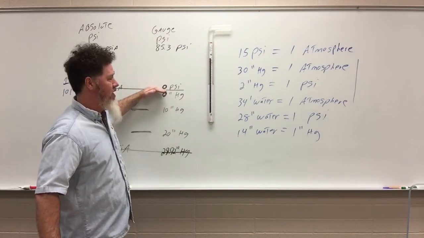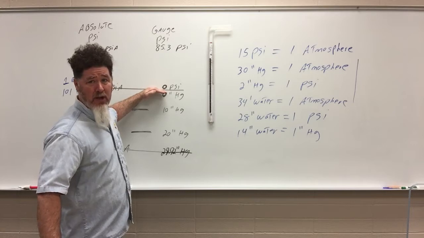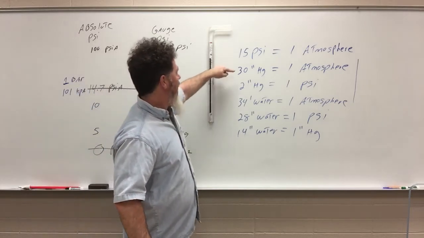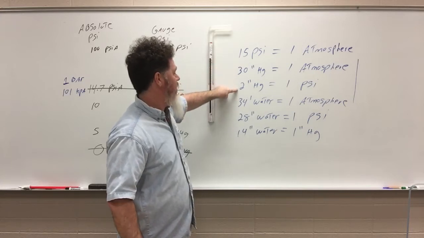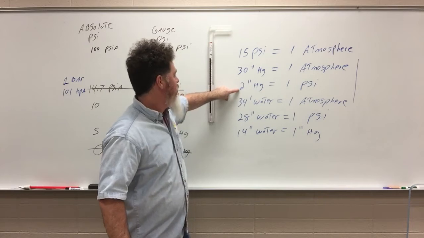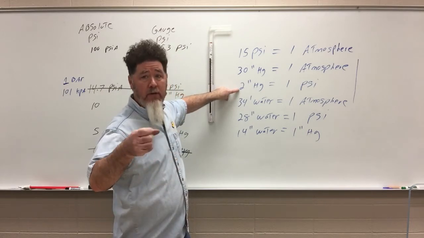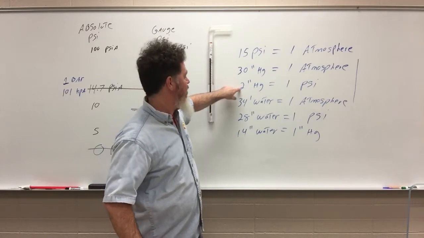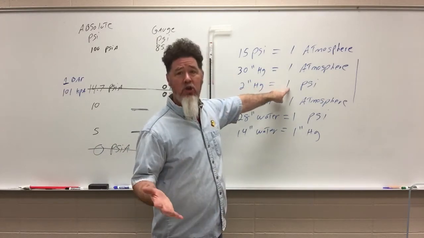If I'm measuring in PSI, it's only 14.7, or maybe 15 if you want to round up. So if I wanted to apply 4 inches of vacuum to some particular item, that's roughly the same pressure as 2 PSI.